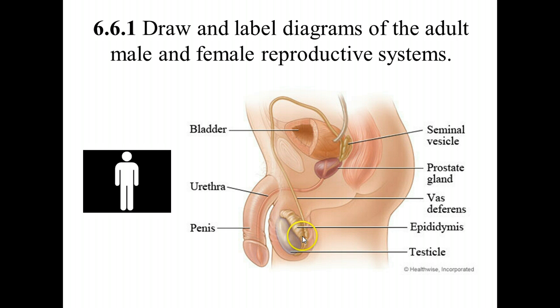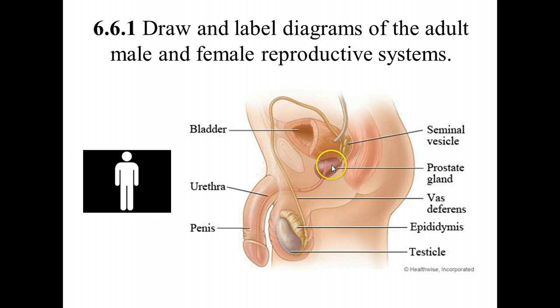They finally mature here in the epididymis, and this is where they grow their flagellum or their tail, and then they swim their way through the vas deferens by the seminal vesicle, which adds some fluid, some lubricant to the sperm. They go through the prostate gland. Notice that there's a Y shape in here in the prostate gland, which we'll come back to in just a second. It continues to flow through the urethra and out the penis.